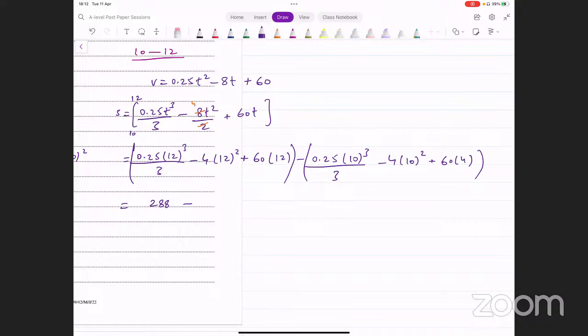Just confirm this. 0.25 into 10 cube, that's fine, divided by 3 minus 4 into 100 plus 60 into 4. Okay, so I'm getting minus 230 over 4 over 3 from this. Okay, so what does this give us? 288 minus this.